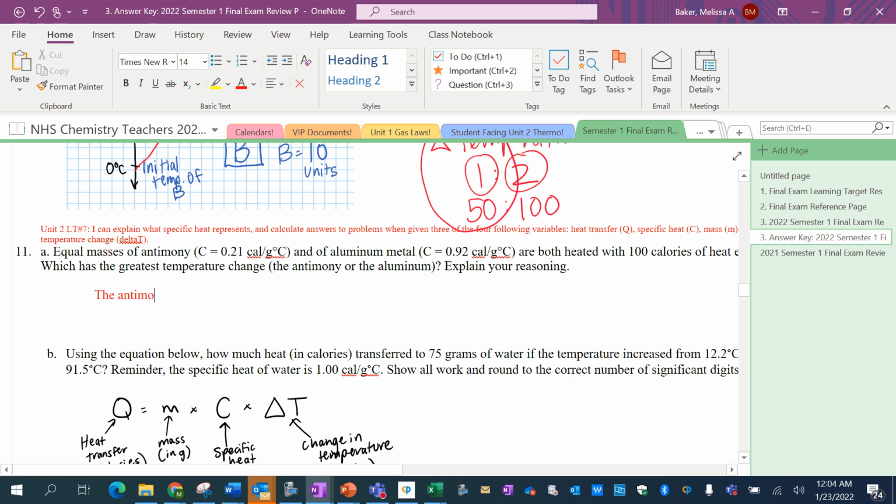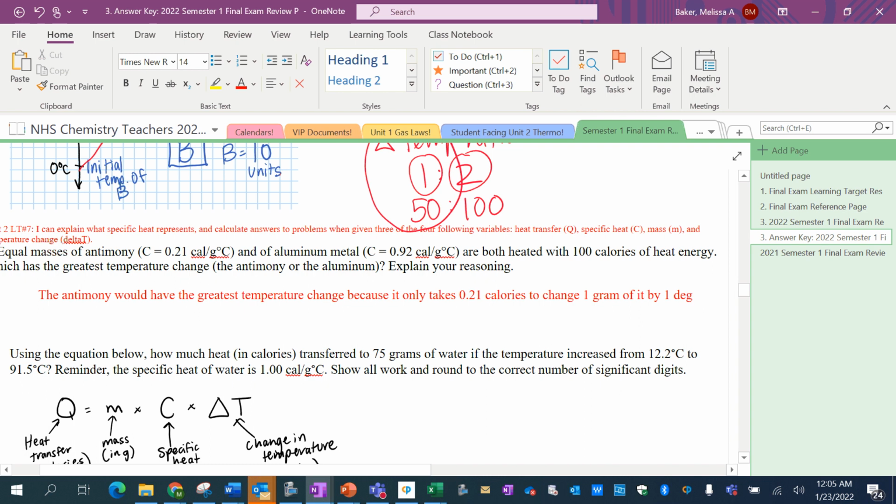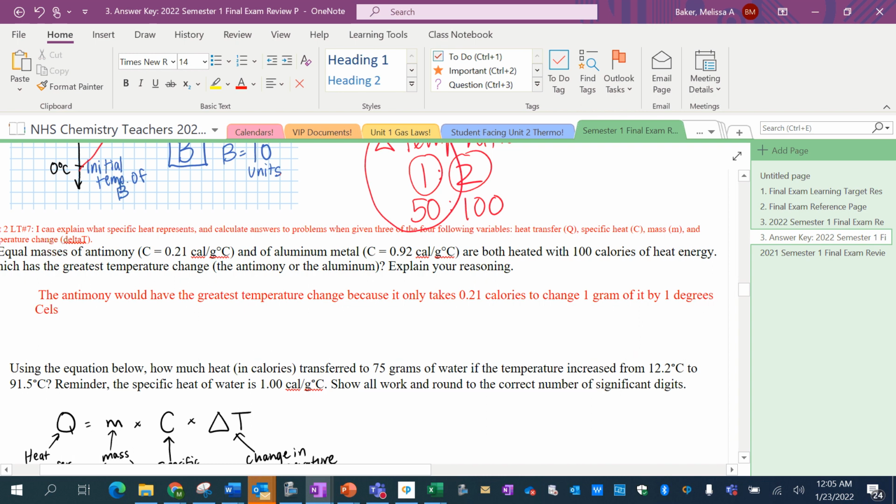The antimony would have the greatest temperature change because it only takes 0.21 calories to change 1 gram of it by 1 degree Celsius, while aluminum takes a lot more energy to change 1 gram of it by 1 degree Celsius.